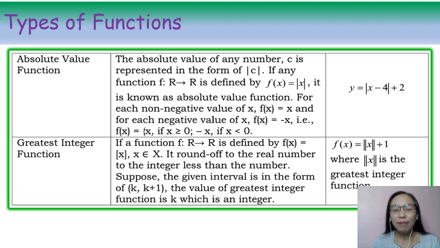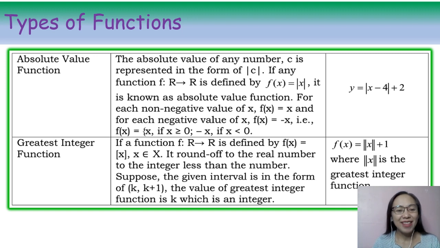Simply put, guys, the absolute value renders a number its positive value. For example, the absolute value of 2 is equal to 2, and the absolute value of negative 2 is also equal to 2. So here's an example of absolute value function. y is equal to the absolute value of x minus 4, plus 2.